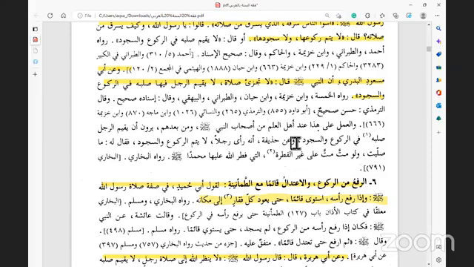Good question. So when you're saying the Fatiha, if it's a silent prayer, at least that you're actually hearing it yourself. But hearing it doesn't mean hearing it with your ears. It means hearing it within you. You understand what I'm saying?